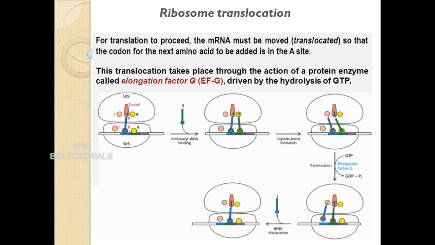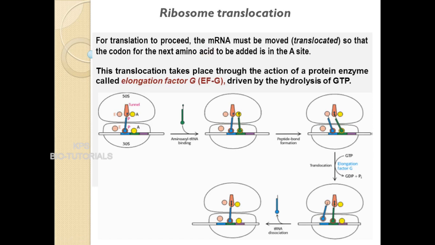And for translation to proceed, the mRNA must be moved or translocated so that the codon for the next amino acid is in the A site. To encounter the next codon, the mRNA must be moved. For that, the ribosome must be moved. This movement of the ribosome is said to be ribosome translocation.